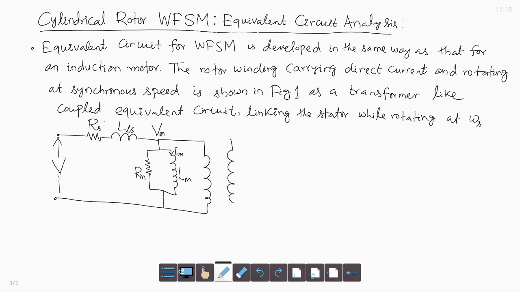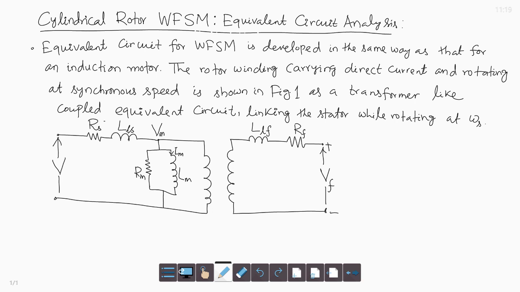Then the rotor winding has an inductance LLF of the field winding and a resistance RF, and a DC voltage Vf is applied to the field winding.